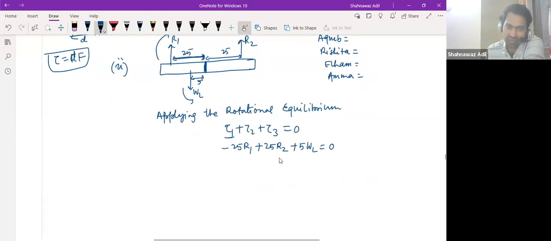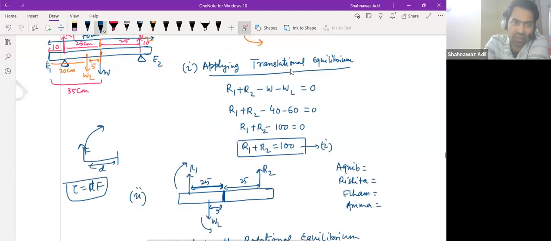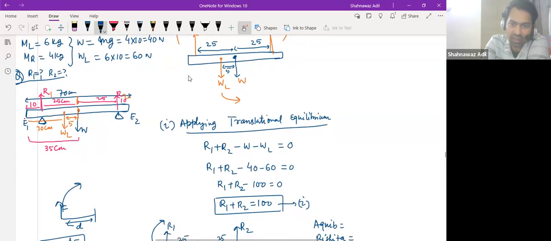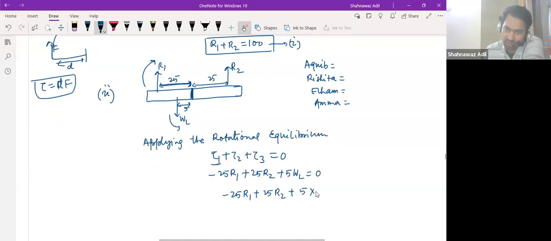So this is from the rotational part, right? So this would be minus 25 R1 plus 25 R2 plus 5 W, and W we know. How much was that? The 6 was kg, so 60 Newton. So 60. This is 0.